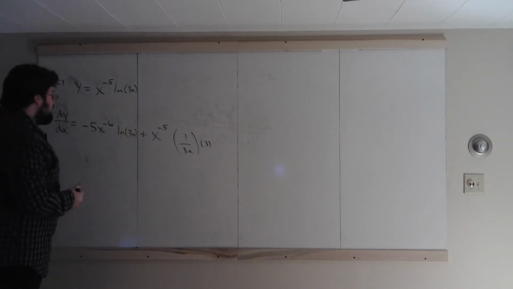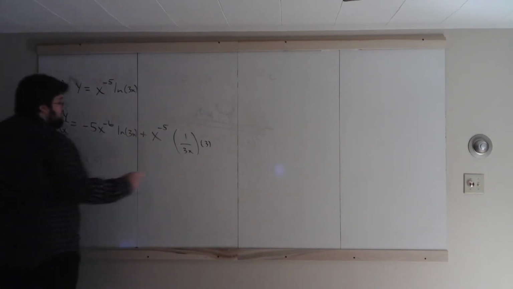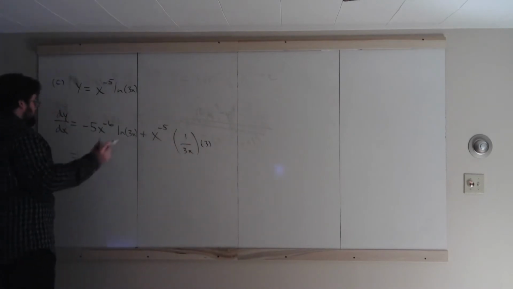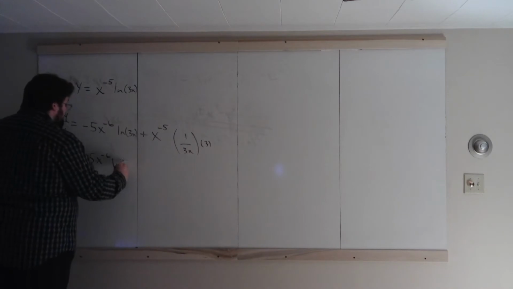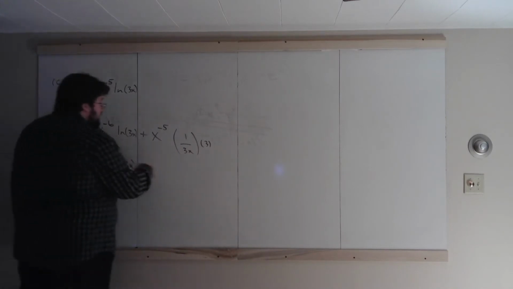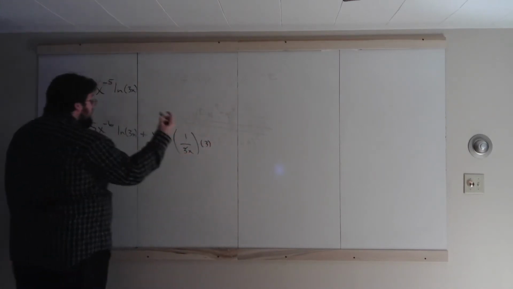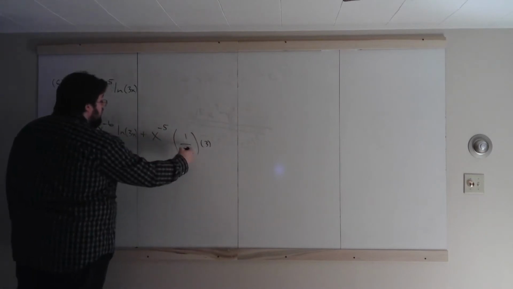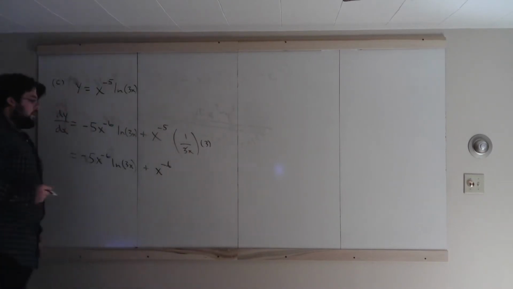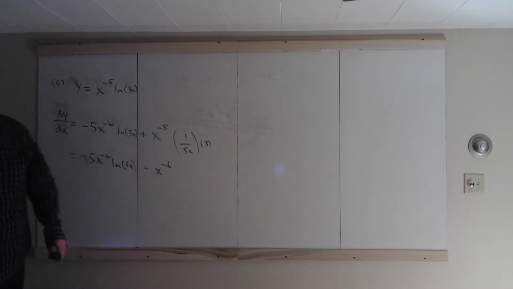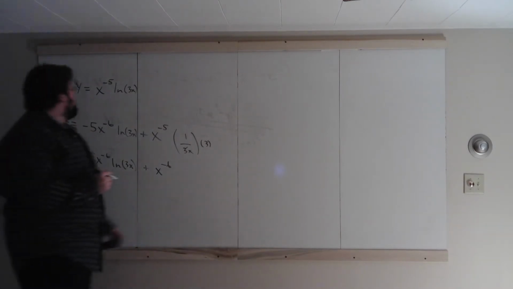I'm going to simplify that second term just because having a 3 in the top and the bottom, I don't really like how that looks. So we have the 3 and the 3 cancel. x to the negative 5th, another x in the denominator becomes an x to the negative 6. So that second piece simplifies nicely.